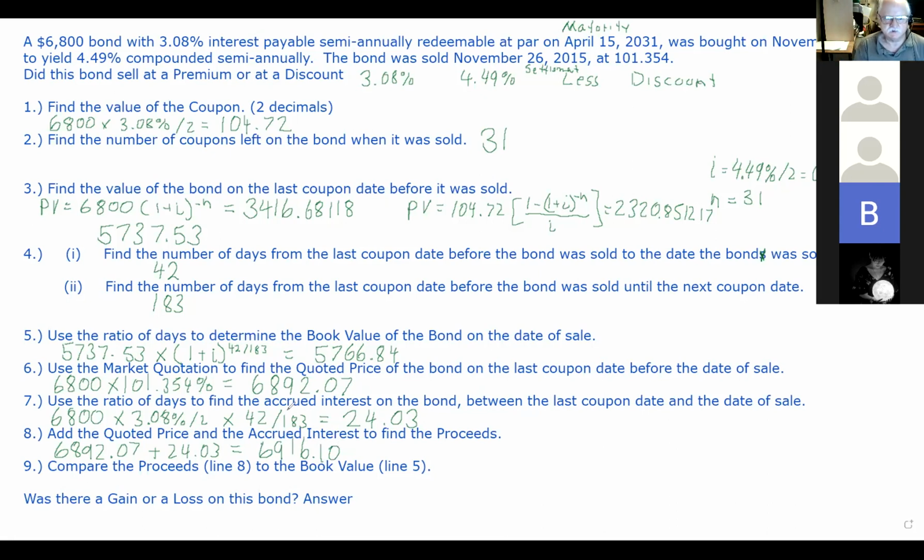And compare the proceeds, which we just calculated, 6916.10 minus the book value, which was 5766.84, is 1149.26.